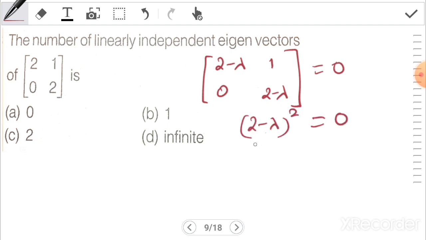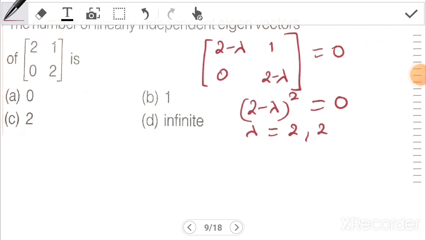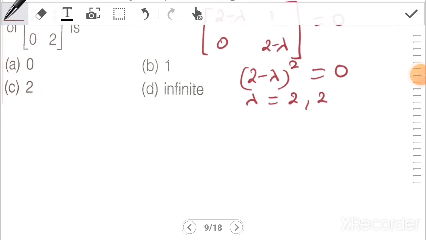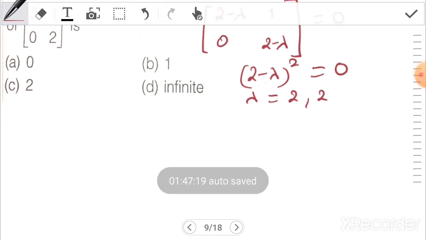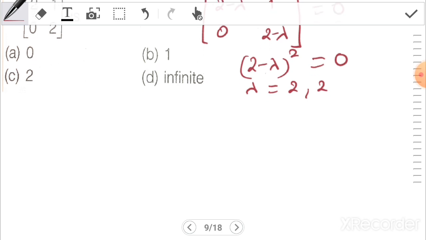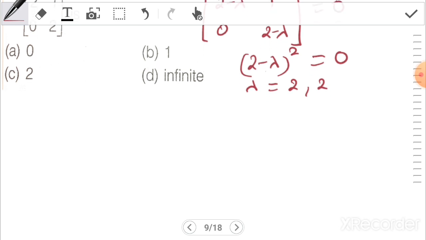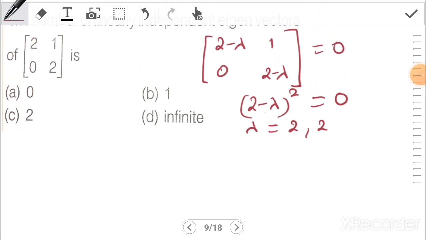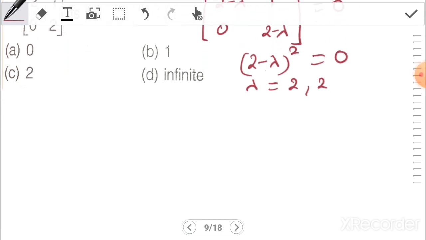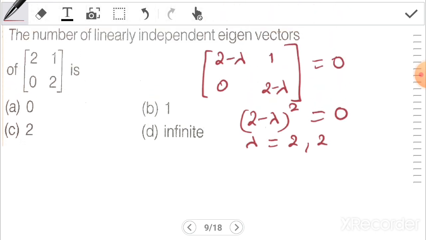So we have repeated values of eigenvalues. Here there are possibly infinitely many eigenvectors, but all are linearly dependent on each other. Hence, only one linearly independent eigenvector is possible. So answer will be 1.